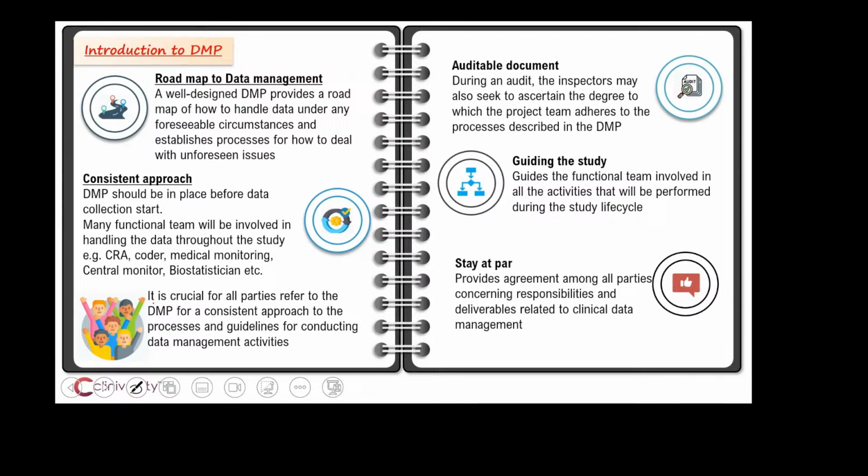Now, if there are protocol violations, what should be the immediate actions to be taken? Who are the support teams who are to be contacted? What specific actions will be taken? Which stakeholders are to be informed? Should it be the sponsors?